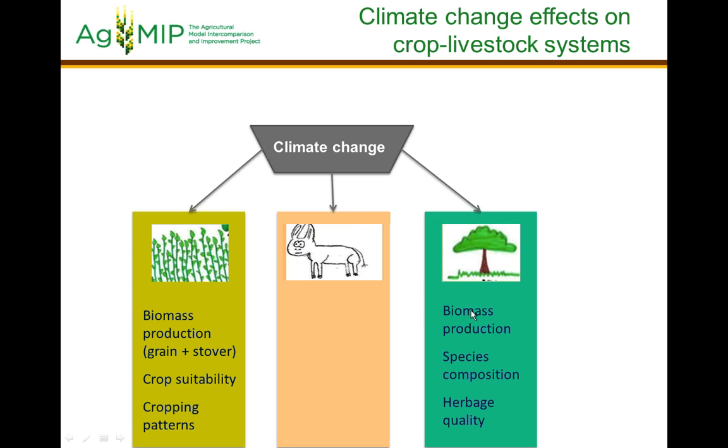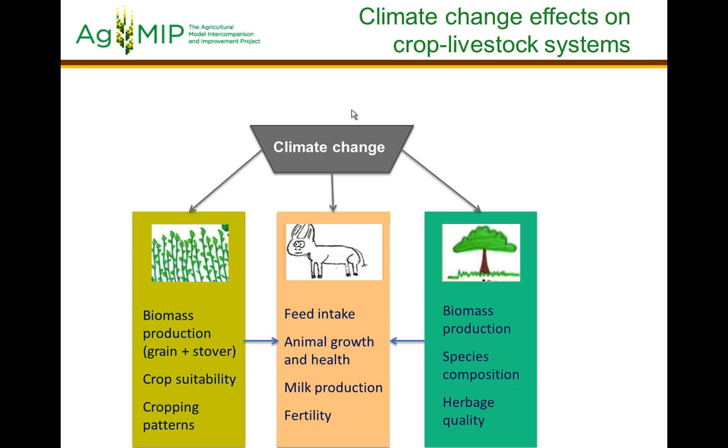In terms of the rangelands, we're looking at biomass production, so the quantity of the biomass, but also changes in species composition, which might then affect also the herbage quality. Now, obviously, both the production of stover and the production and quality of biomass in the rangelands will have an impact on the animal component in our system. Of course, the animals are also directly influenced by climate change.